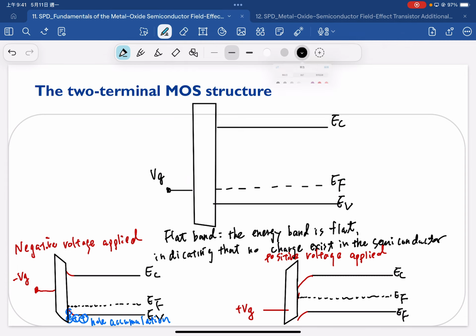In this case, we will have an induced space charge here, especially an induced negative space charge, because right now we have our Fermi energy close to our conduction band, and this induced space charge has a certain depth, which is our depletion width.